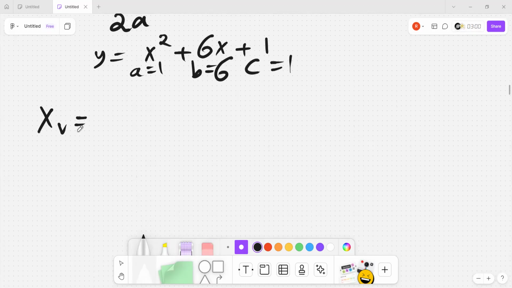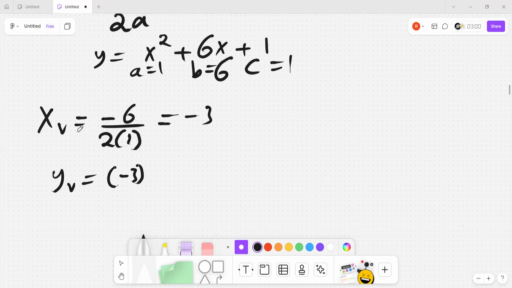The x vertex will be negative 6 over 2 times 1, so it will be negative 3. Time to find the y vertex. Substitute x by negative 3: negative 3 squared plus 6 times negative 3 plus 1. Then you should have the full point of the vertex.